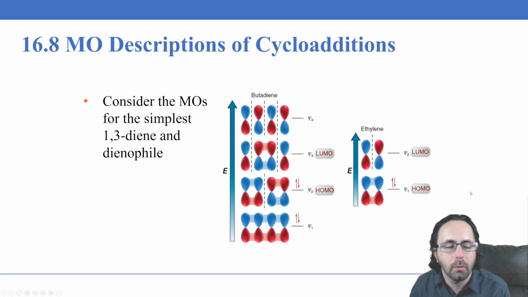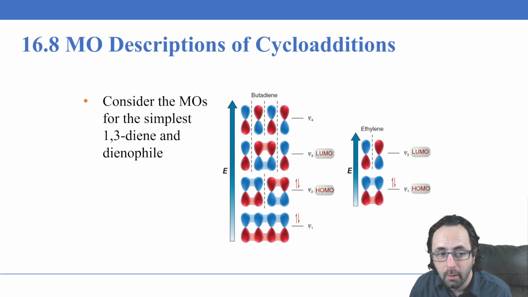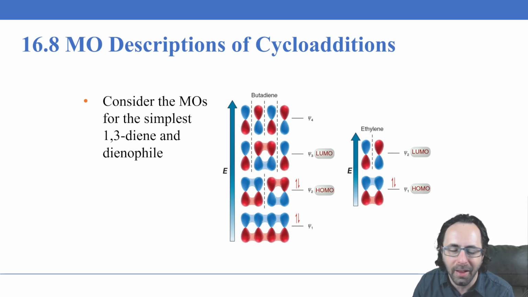Now, a better, or maybe in some ways superior, description of cycloaddition reactions can be given by molecular orbital theory. Now, molecular orbital theory, in the past, I have to admit, has been shown throughout the book. It's been somewhat useful, but it's mostly been useful in this chapter, right?